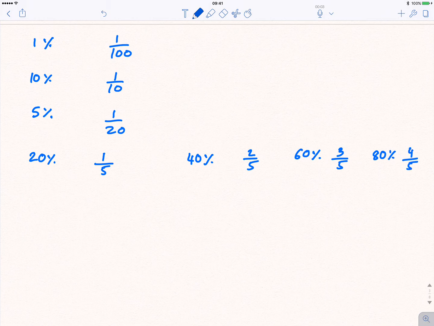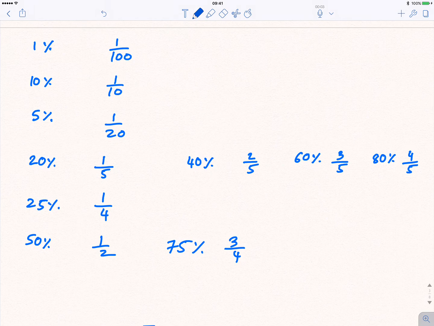You have to memorize these. 25% everyone should know is just a quarter. 50% is a half. 75% is 3/4.